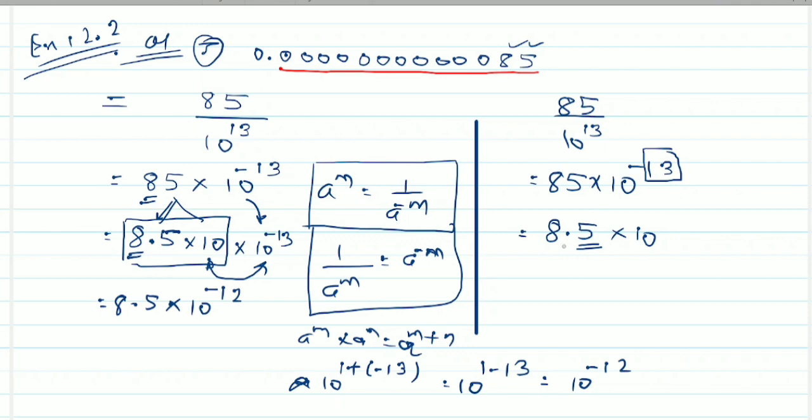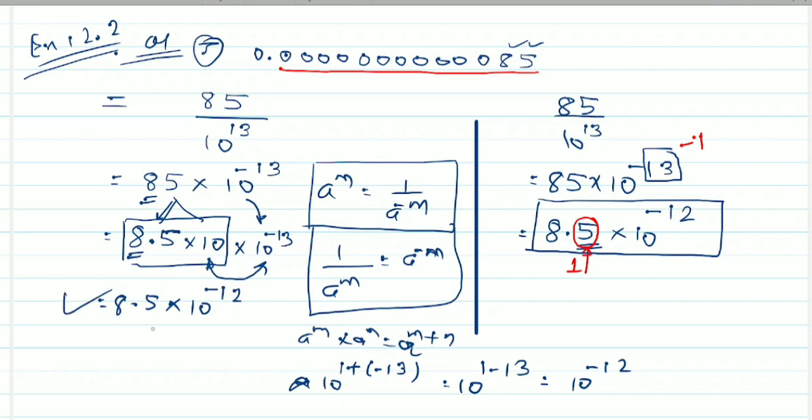Why reduce by 1? Because in 8.5 there is only one digit after the decimal, so reduce this number by 1. Forget about the negative sign, just reduce the number 13 by 1, so it will become 12, and give the negative sign as it is. So this is your answer, 8.5 into 10 raised to power minus 12. So you get the same answer.